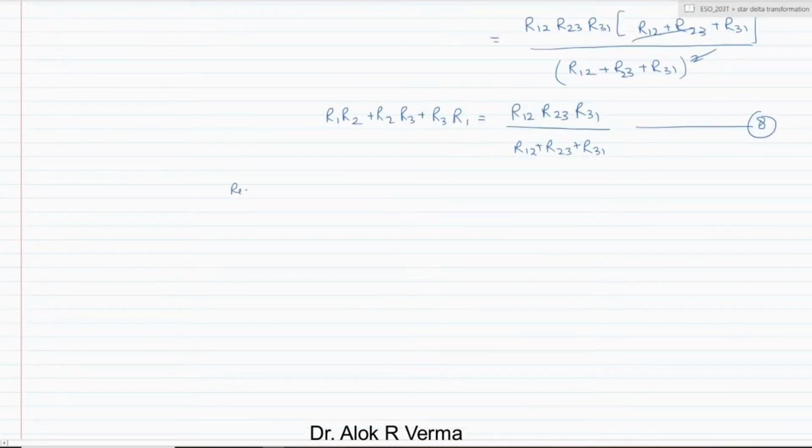Rewriting equation number 7, which is nothing but R3 as R12 R23 divided by R12 plus R23 plus R31. This is nothing but equation 7, right? We have just rewritten this. So now perform division of equation 8 by equation 7.